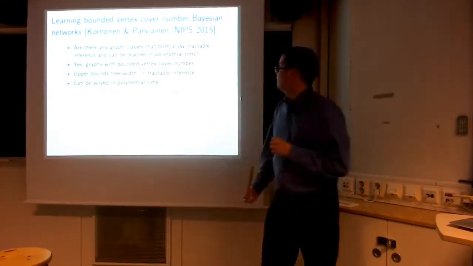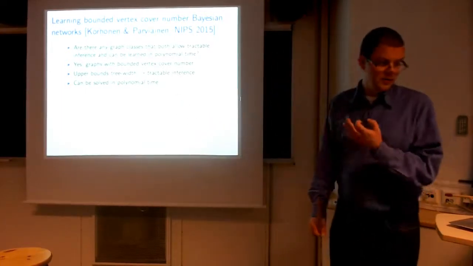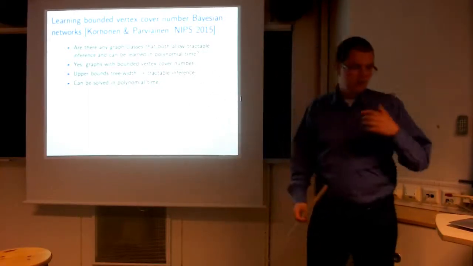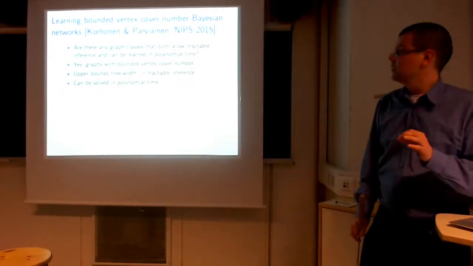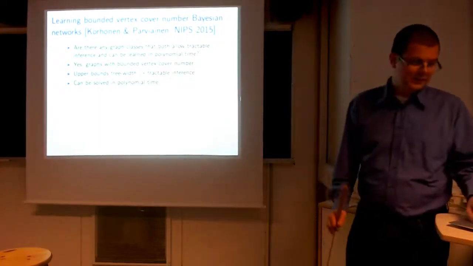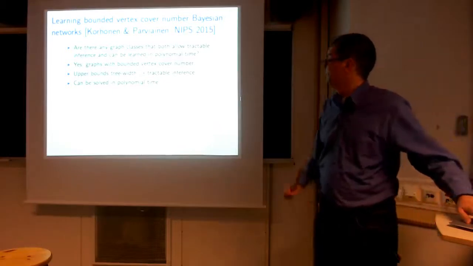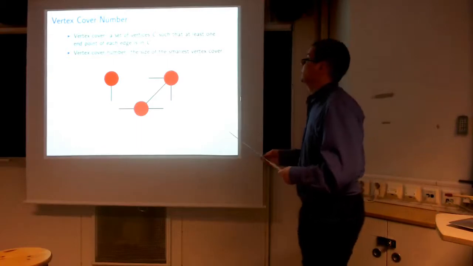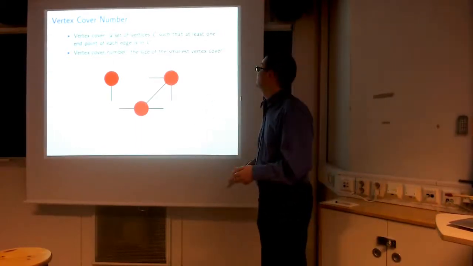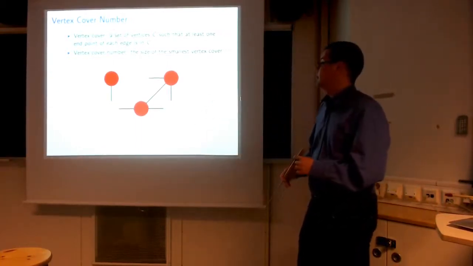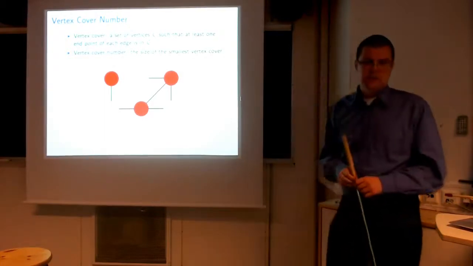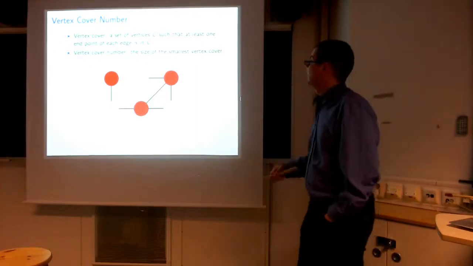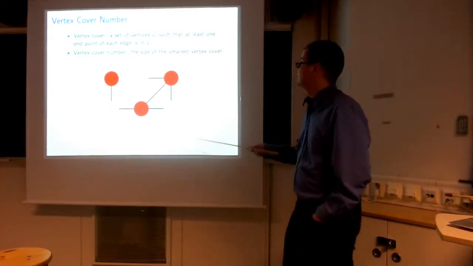Vertex cover number upper bounds tree width, so we get tractable inference from there, and then we have a polynomial time algorithm for solving this. This algorithm is rather simple, so we can go through it here. We start by defining the vertex cover number. A vertex cover of a graph is a set of vertices such that at least one endpoint of each edge is in the vertex cover.